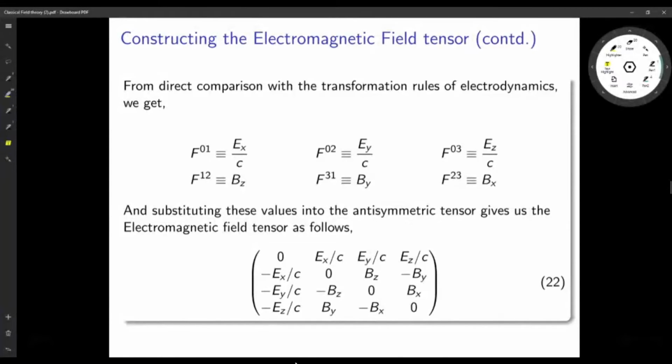So then FO1 is equivalent to EX by C, where your EX, EY, and EZ are just your electric field components in the X, Y, and Z directions, and your BZ, BY, and BX are your magnetic field components along the respective axes. So substituting these values into the antisymmetric tensor, right, gives us this beautiful tensor right here, which is called the electromagnetic field tensor, right?